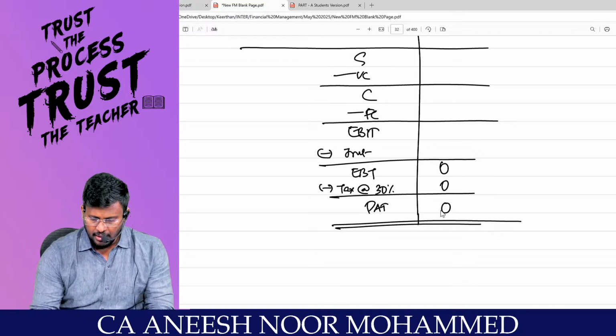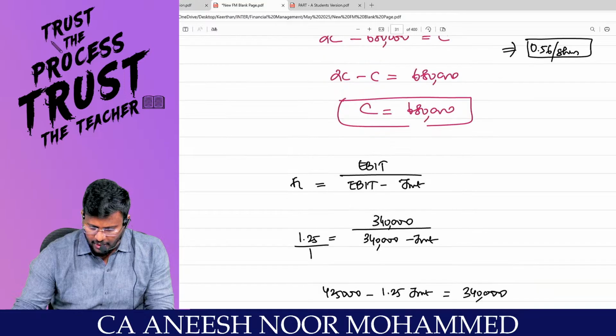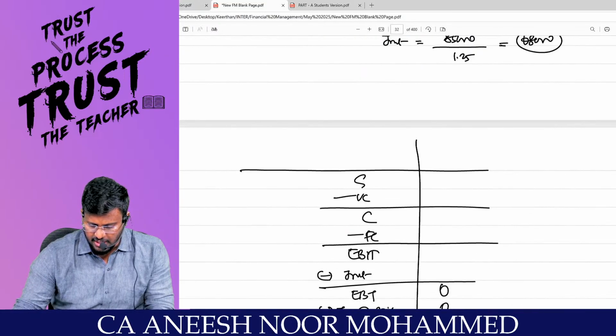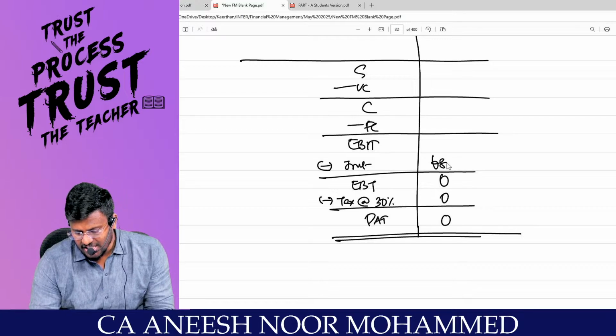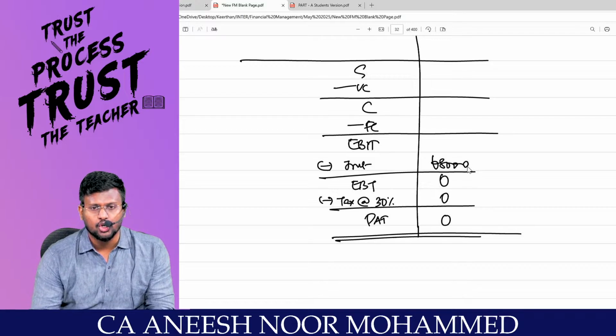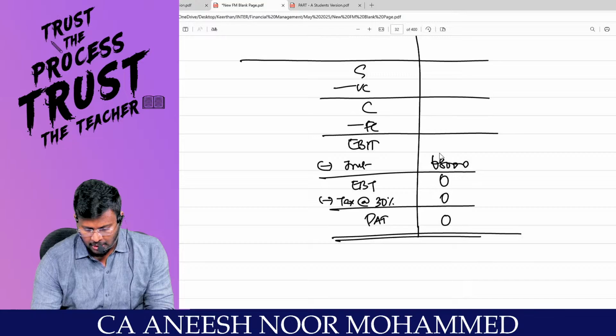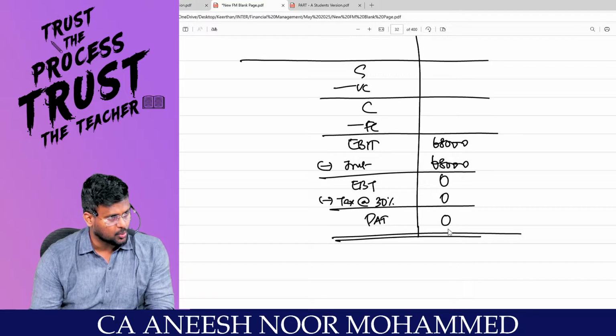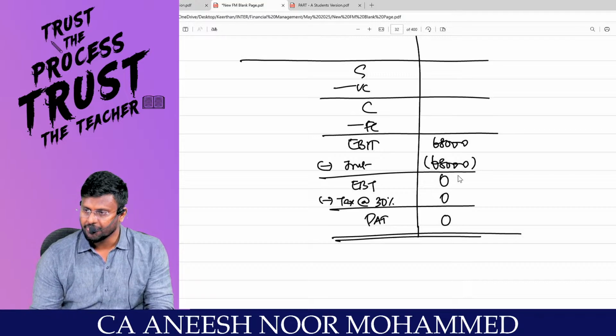Comfortable? Interest is fixed. Just now we have argued for the interest. We said that interest is only 68,000, as per our fixed cost fixed approach. So 68,000 is the interest, which means EBIT should also become 68,000. Then only EBT will become 0.